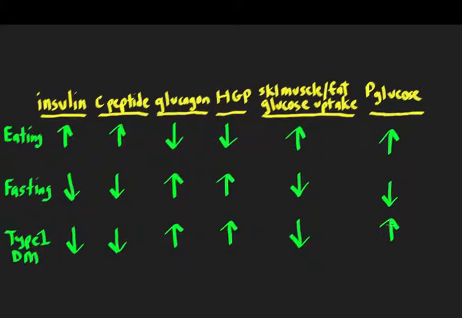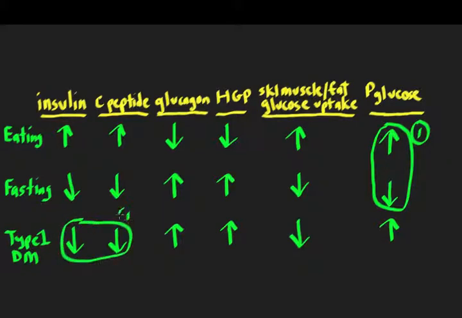All right. So notice the difference between this scenario and what we were just doing before, right? In eating and fasting, the plasma glucose is the first place that we started. Over here, it was the insulin and C-peptide where the disturbance was. And if you follow the comparison of fasting and type 1 diabetes, you can see that it's very much the same.